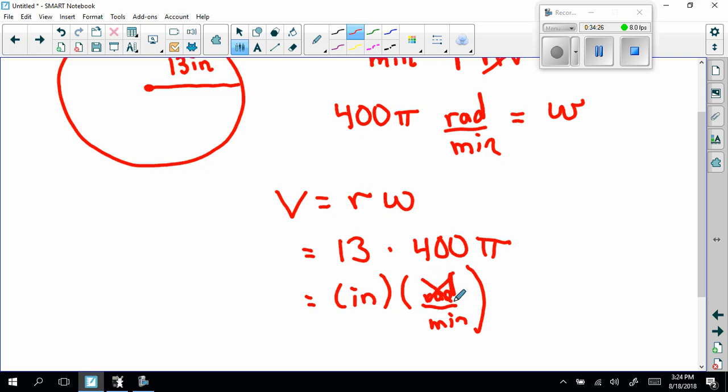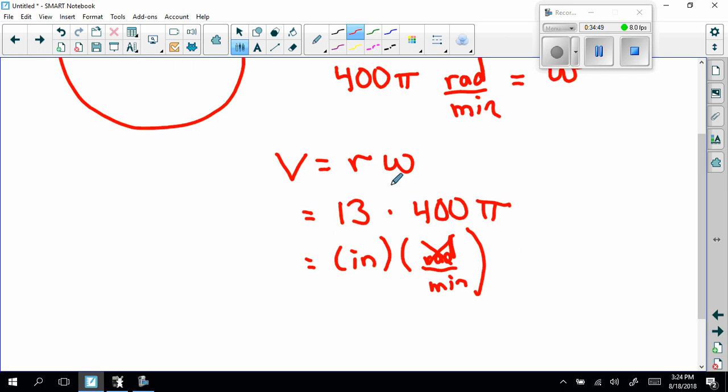It's said to be dimensionless. Nobody actually writes the words radians. We just said the degrees were equivalent to the distance around. If you want to have some fun, go to some math blogs and look up what it means to be dimensionless. You might be there a while. 13 times 400 is 5,200 pi inches per minute. And that's your linear velocity.